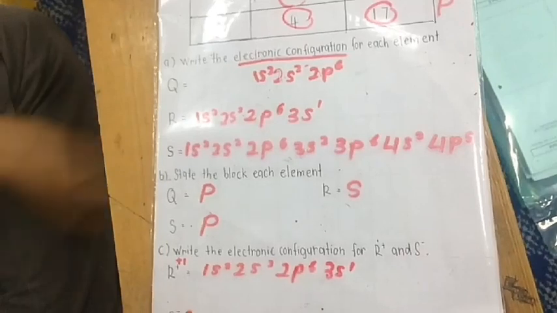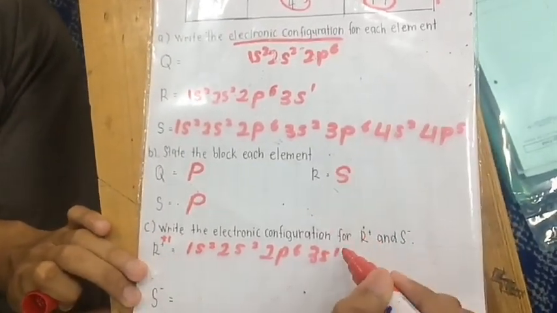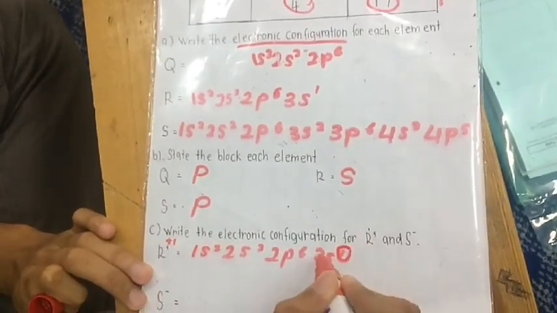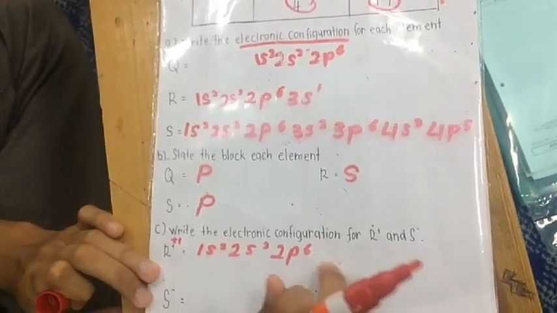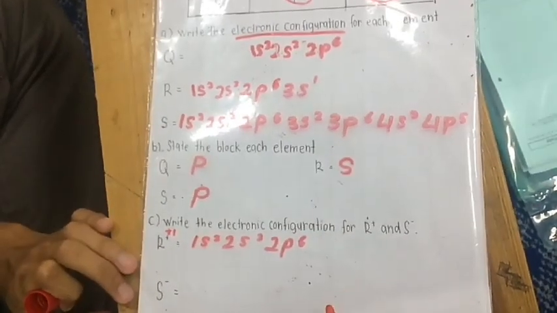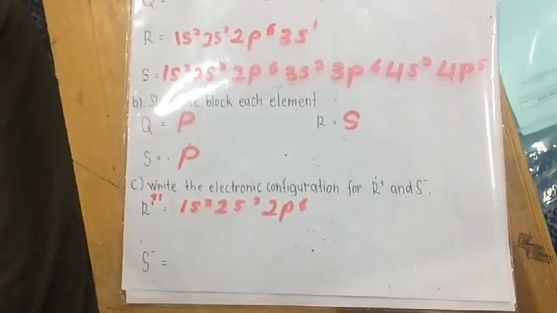Because the element R removes 1 electron, so we remove 1 electron. So only this is left.